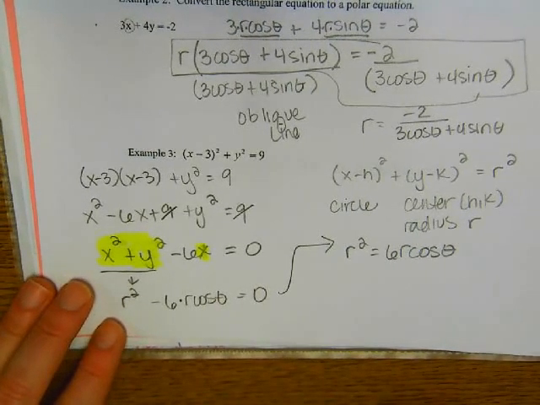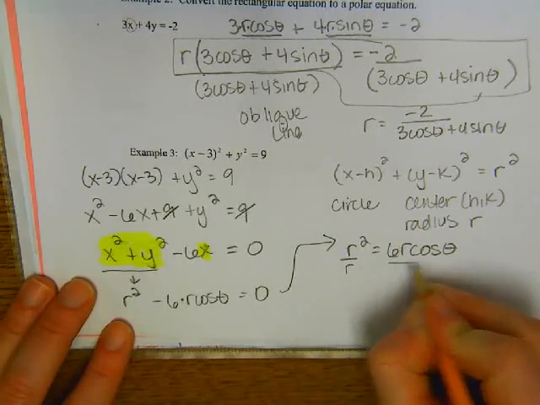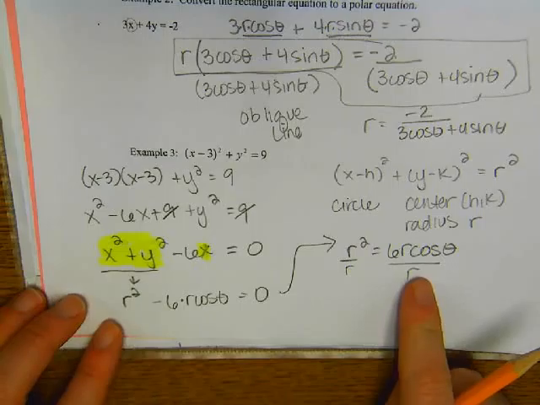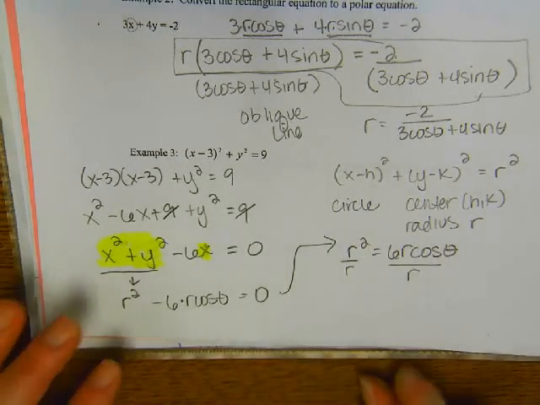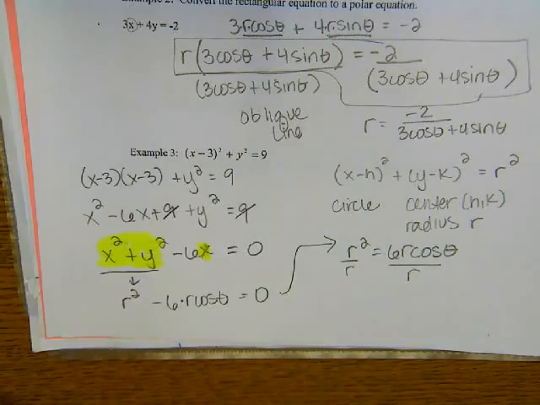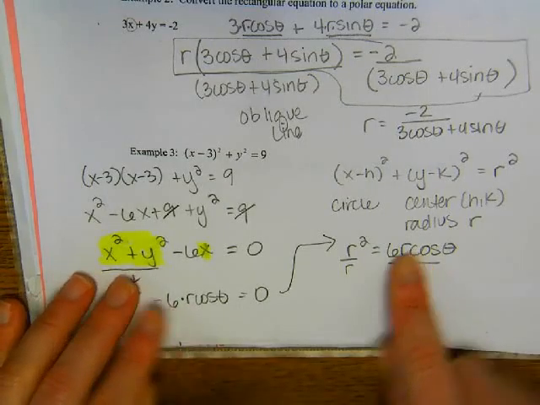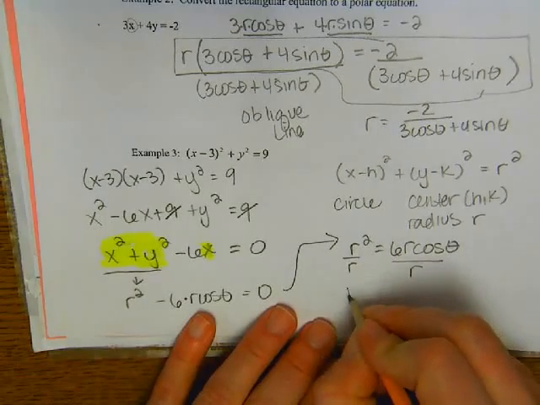And then I'm going to divide both sides by r. Here's why I'm doing this, because you might think, well, why isn't she taking the square root? When you input things in your calculator, it won't let you put r in, and if I took the square root, I'd still have the square root of r on that side. So I'm going to decide to divide by r. r squared divided by r is still r, but then it cancels it here.